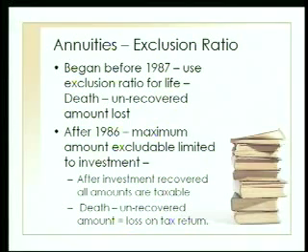So if the annuity starts after 1986, then the maximum amount that he can exclude is limited to his investment. And after the investment has been recovered, meaning he's excluded the $42,500, everything else is taxable. If he dies prior to recovering his investment, then the unrecovered amount can be taken on his tax return as a loss. So that's the difference.